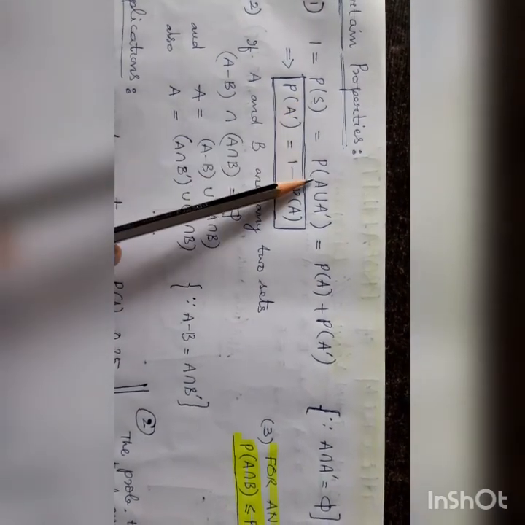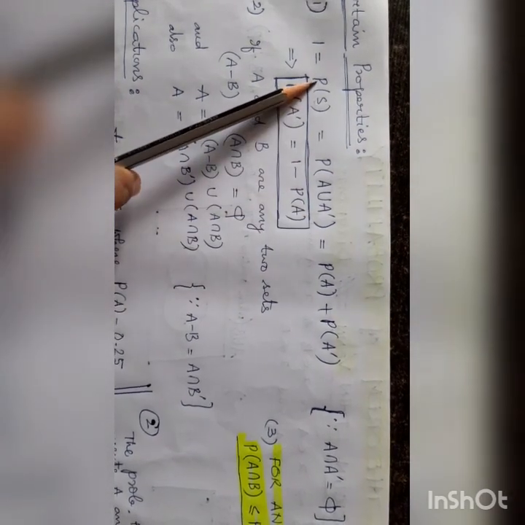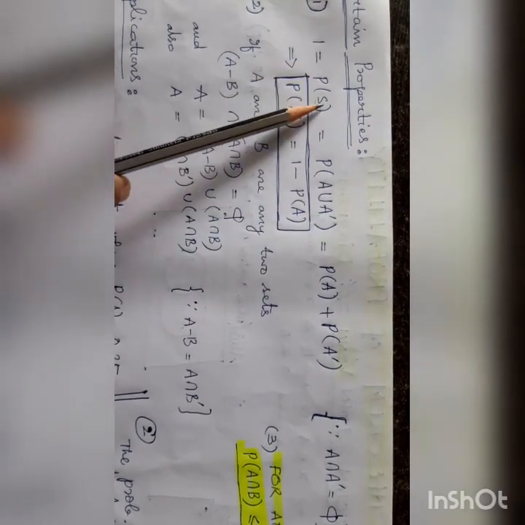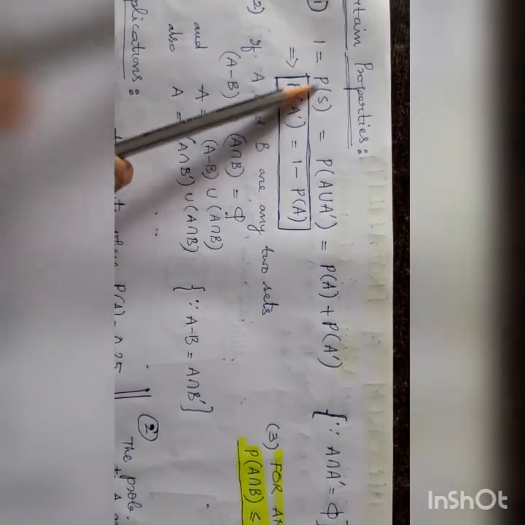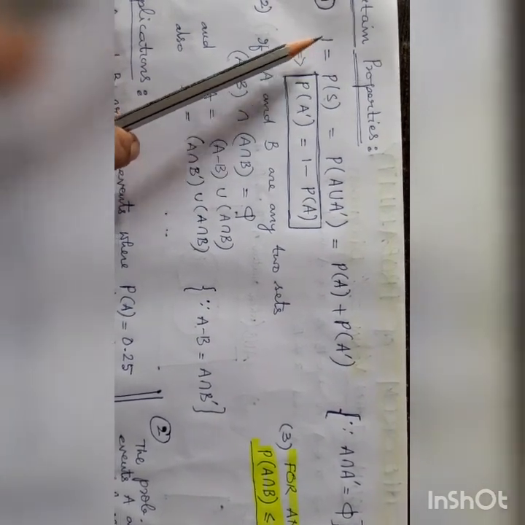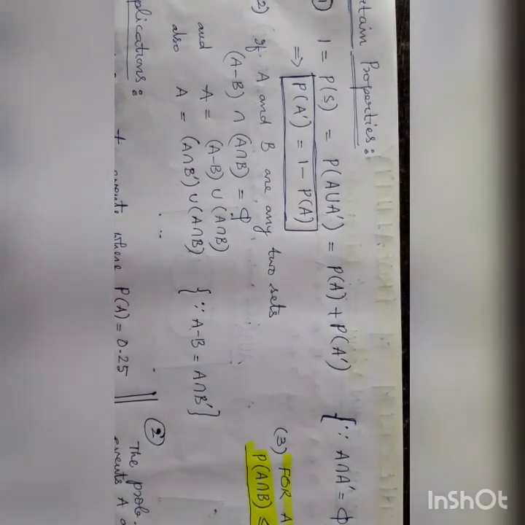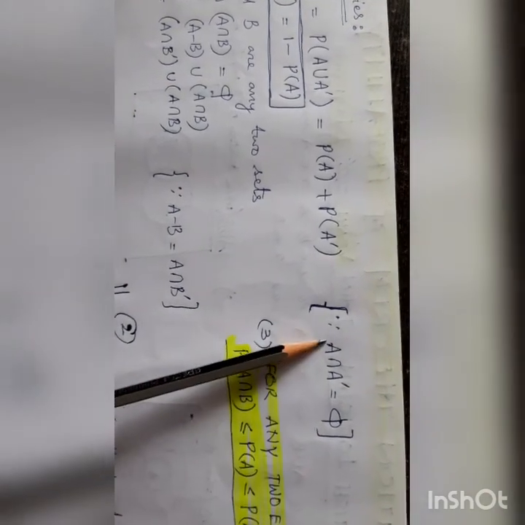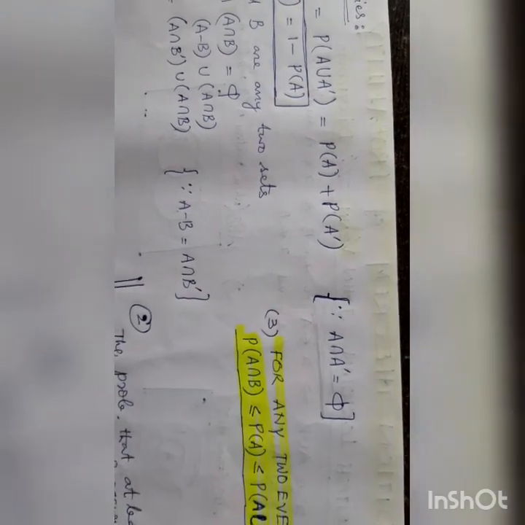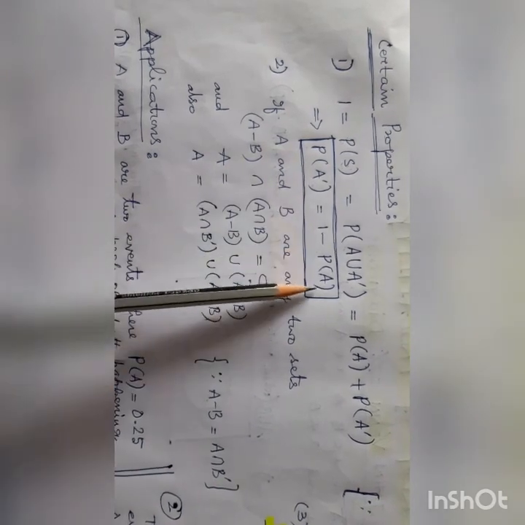Yes, S = A ∪ A'. So P(S) = P(A ∪ A'). P(S), the probability of the sample space, is always 1, the maximum value of probability. Union becomes plus, because A and A dash are mutually exclusive. Implies P(A') = 1 − P(A).